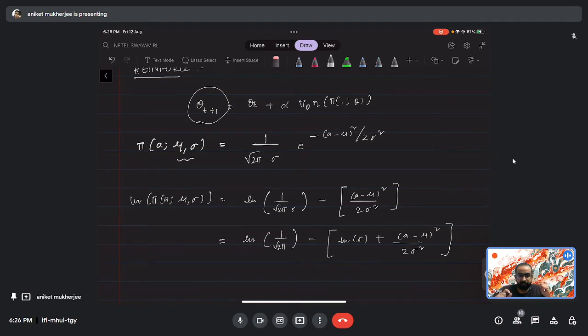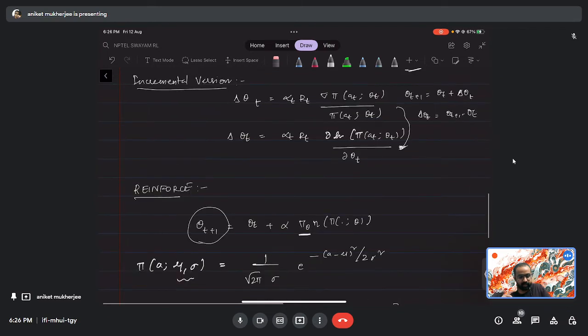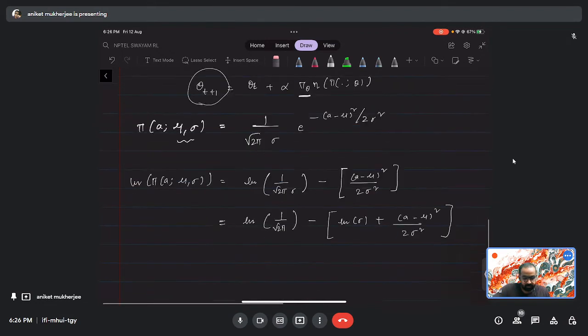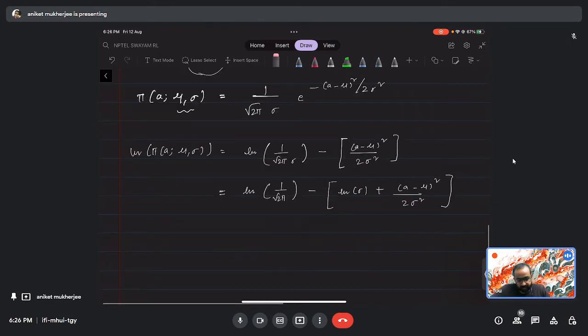When I am trying to update mu, I will take the partial differentiation with respect to mu. When it is sigma, I'll do the partial differentiation with respect to sigma. First I'm doing the update equation for mu, which is what we want.